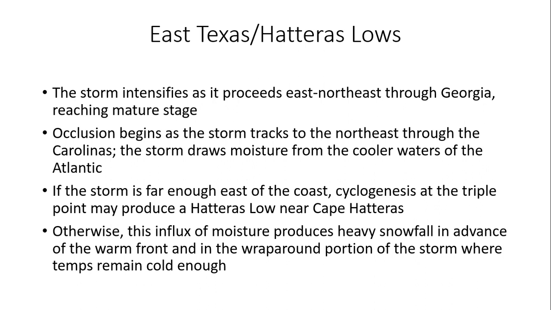Now, if the storm is far enough east of the coast or remains offshore, you can get cyclogenesis at that triple point, which could produce a Hatteras Low near Cape Hatteras. So things can easily transfer, as far as energy, from the East Texas Low all to a Hatteras type low. Otherwise, this influx of moisture produces heavy snowfall in advance of the warm front and in the wraparound portion of the storm where temps remain cold enough.